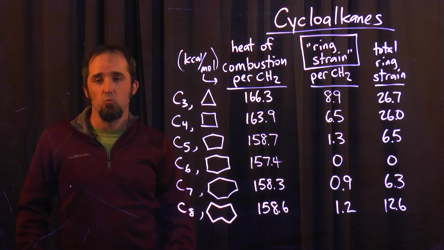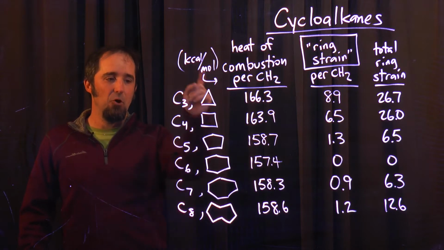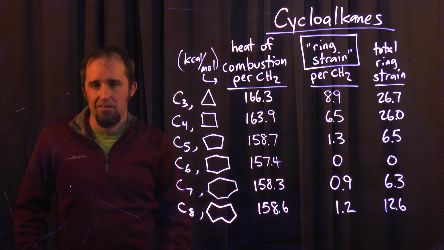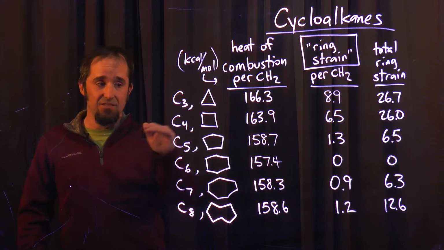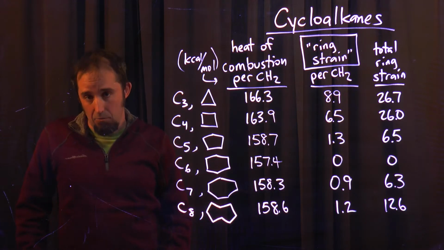Let's talk about the relative stability of cycloalkanes: cyclopropane, cyclobutane, and so forth. How do we measure stability? Well, one thing we can do to look at where the potential energies of these things are relative to each other is to burn them, right?